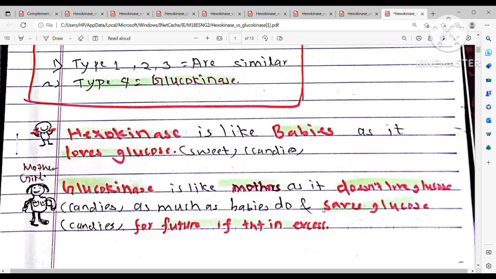And a mother saves glucose for the future if present in excess. Likewise, glucokinase saves glucose for the future if it is present in excess. In this way, hexokinase is like babies and glucokinase is like mother.